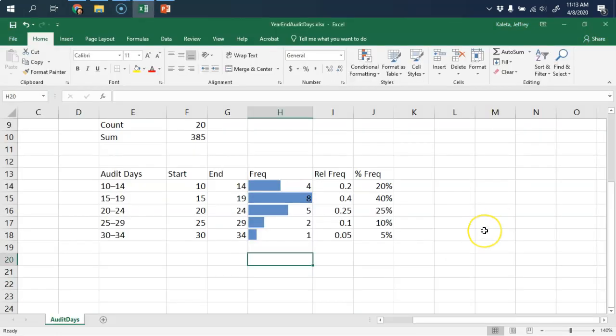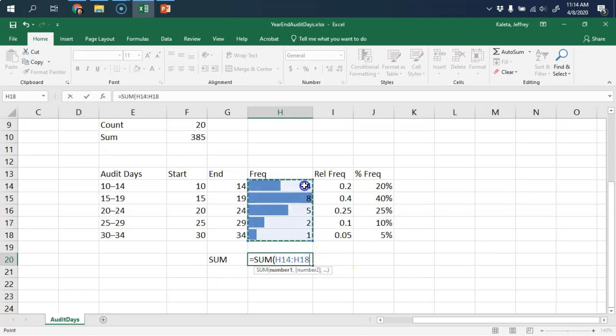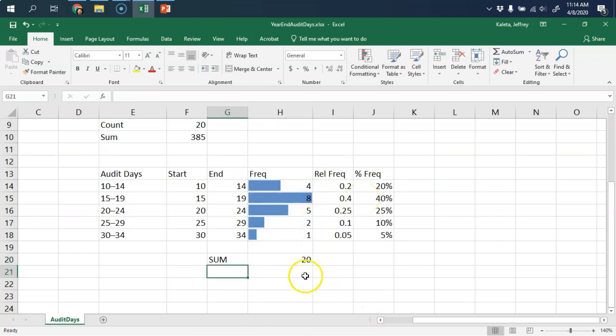So here's our data, and this was the frequency distribution. Here, this is our frequency. Just to show you what all this is, I'm going to put the sum of these values here so that we have a reference. We know that there's 20 counts total here. What we want is the cumulative frequency here.